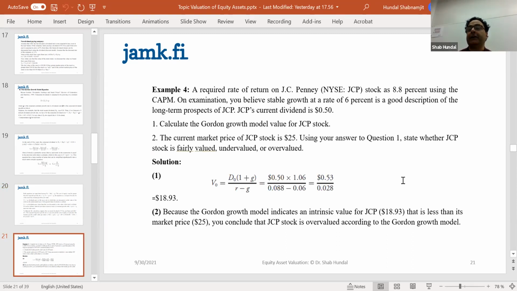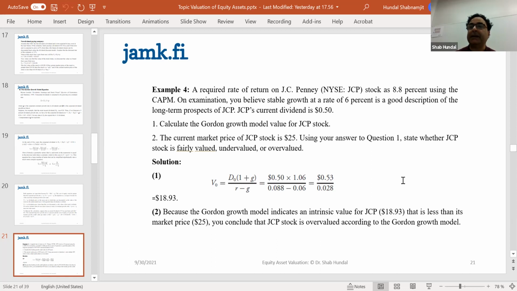A required rate of return on JC Penney stock is 8.8%, which is from CAPM. On examination, you believe a stable growth rate of dividend at 6% is a good description of the long-term prospects.